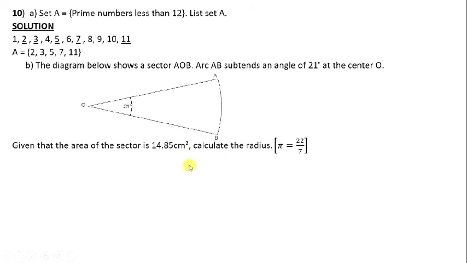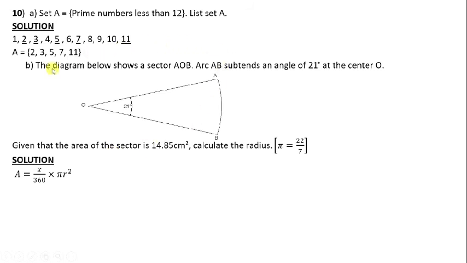So what we are going to do is to write down the formula for the area of a sector. The area of a whole circle is pi R squared. Since a sector is just a part of a circle, we are going to get the fraction of that circle by putting 21 degrees where there's theta.